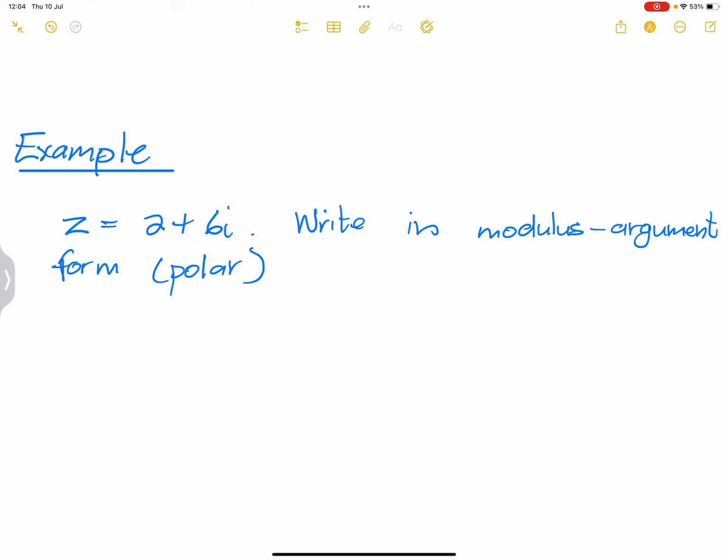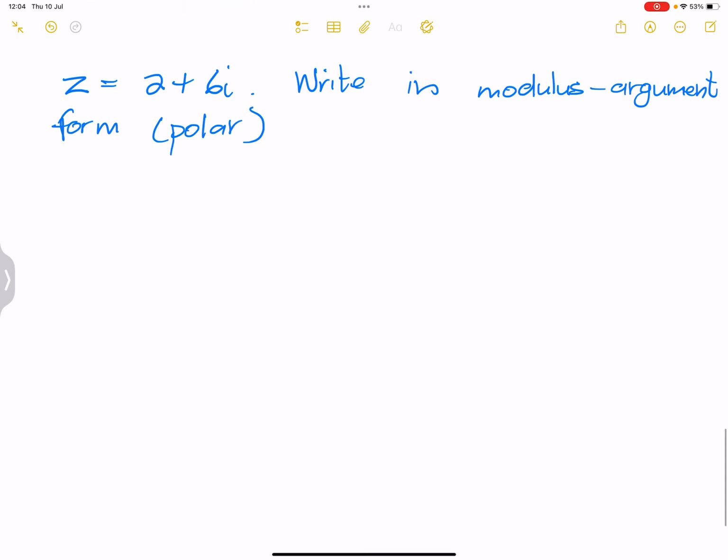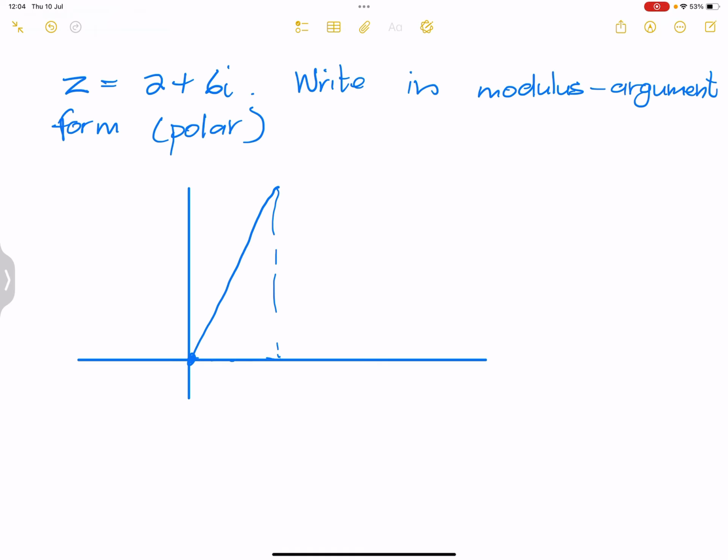So what are you going to do, ladies and gents? Firstly, what would it look like? Both my x and y are positive. Let's draw it. X is 2, and y is 6. So let's say it looks something like this.